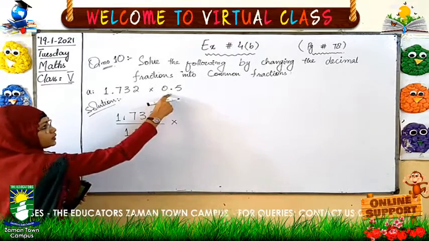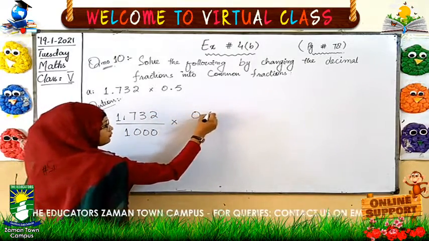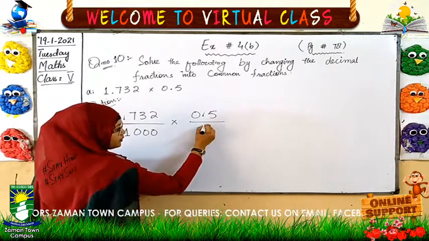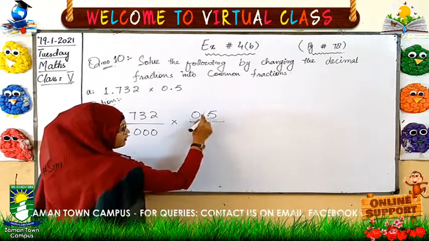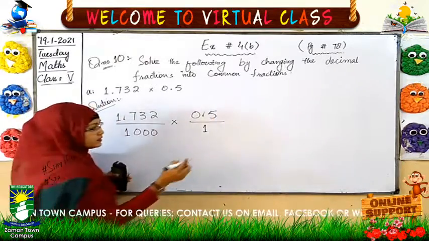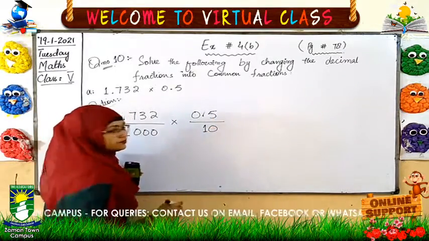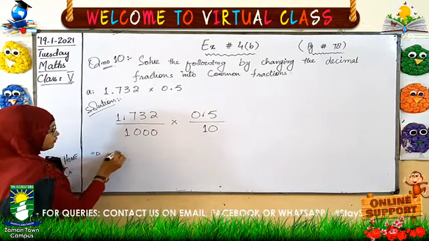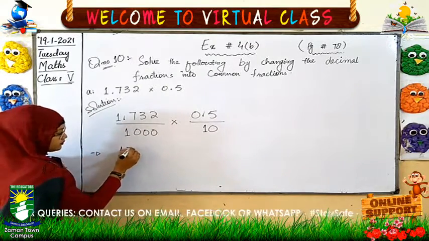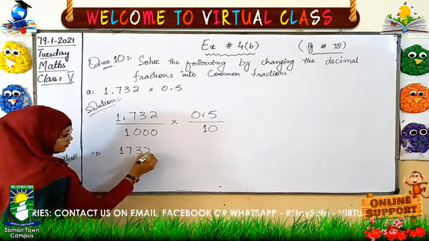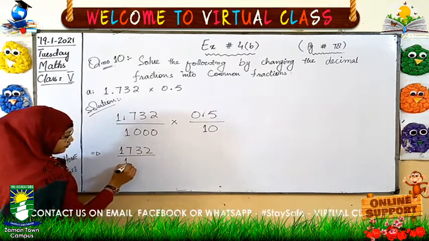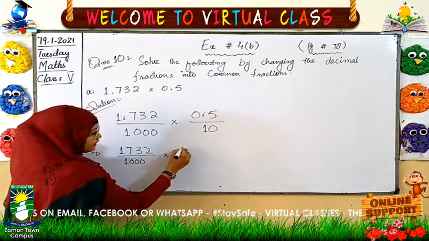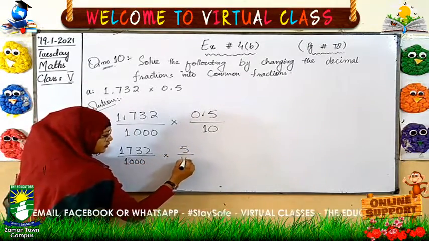Then 0.5: same procedure, removing the point, making 1 here, and after the point we have only a single digit, so we make 1 zero. It will be equal to 1732 upon 1000 multiplied by 5 upon 10.